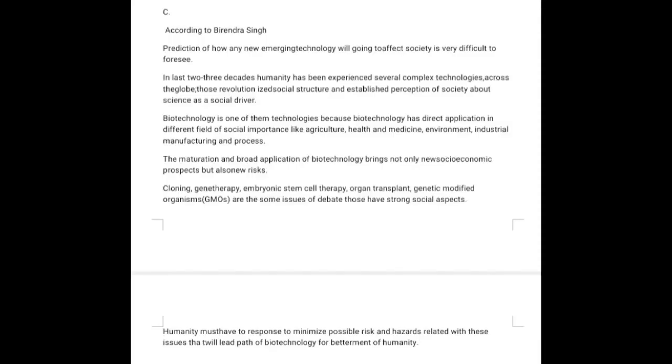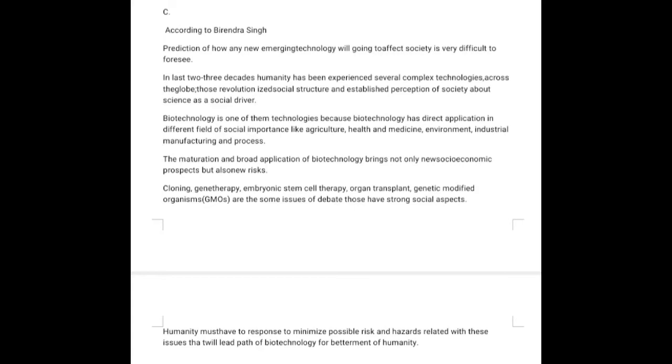According to Birendra Sai, the prediction of how any new emerging engineering technology will affect society is very difficult to foresee. In the last 2-3 decades, humanity has experienced several complex technologies across the globe.